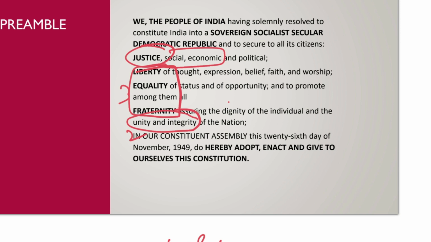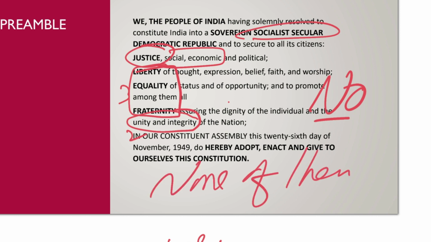Of course, some may answer sovereign socialist. Do you know what I would tell all of them? I would say no. I would say none of them. They would surely be surprised. Liberty, equality, fraternity, unity and integrity, socialist, secular. What is all this? Democratic Republic. I would say no.